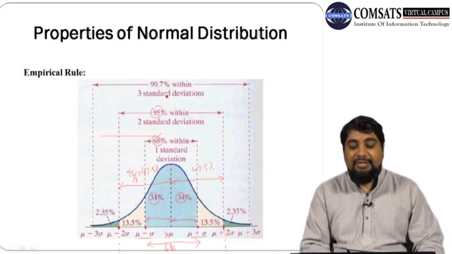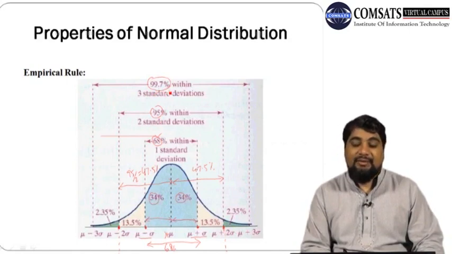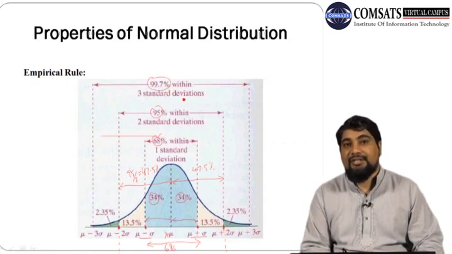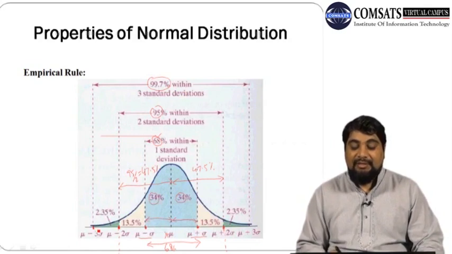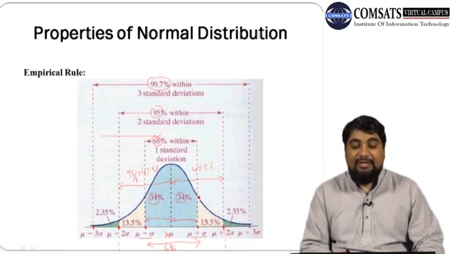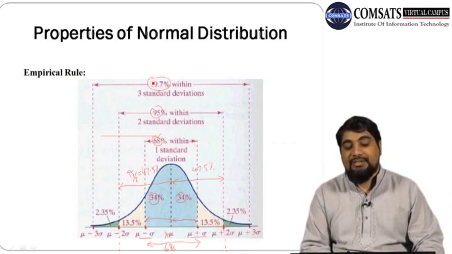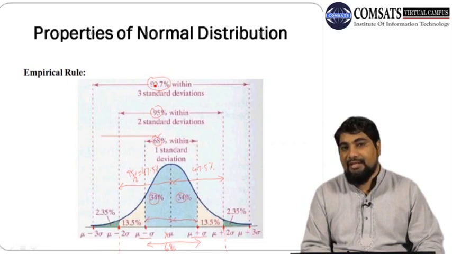The third empirical rule states that 99.7% of the area lies within 3 standard deviations of the mean, or in other words, between mu minus 3 sigma and mu plus 3 sigma we have around 99.7% probability or 99.7% area.